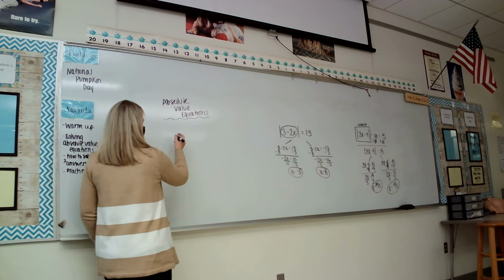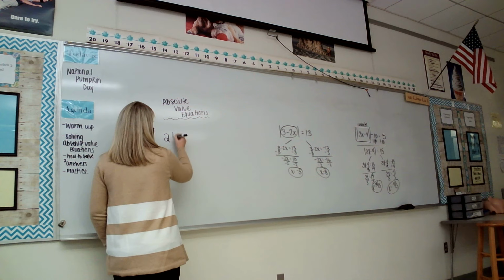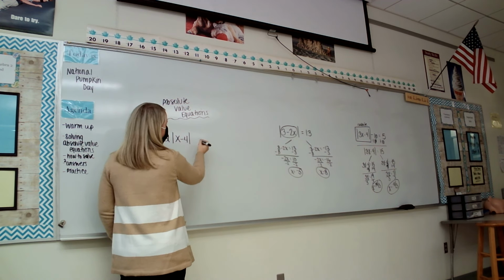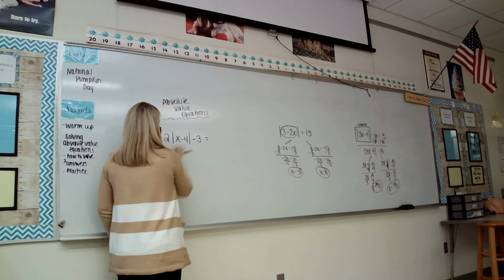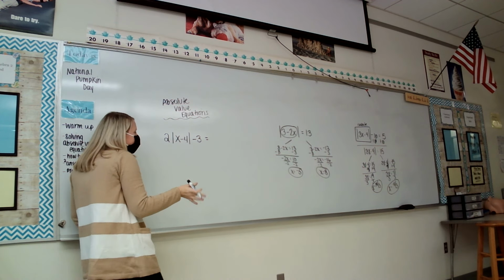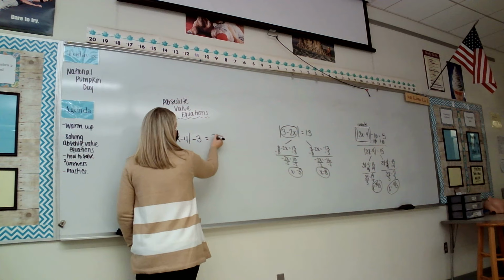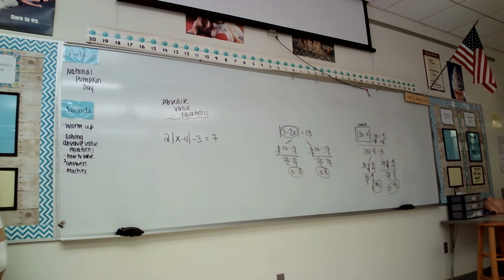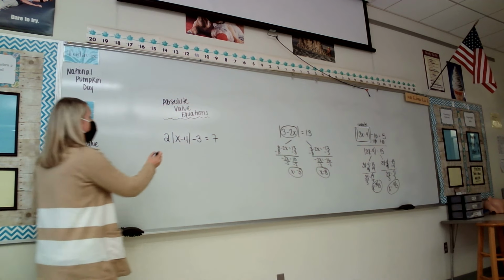So this one, I'm gonna say 2 times the absolute value of x minus 4 minus 3 equals 7. So here's what I do if I see a problem like that. I say, all right, absolute value equation, I want these absolute value symbols by themselves.